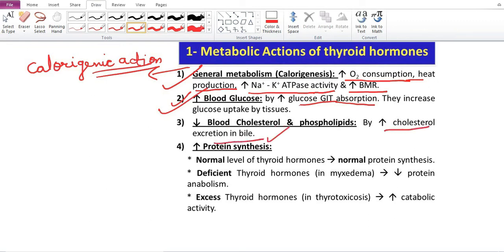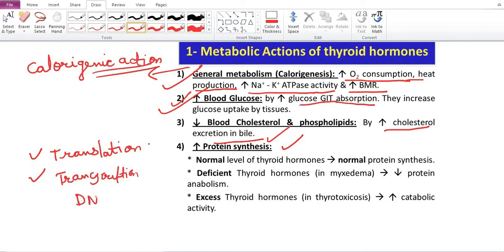Action on the protein metabolism. It increases the synthesis of protein in the cell. So how is protein synthesis increased? It is increased by increasing the translation of RNA, increasing the transcription of DNA to RNA, and increasing the mitochondrial activity.